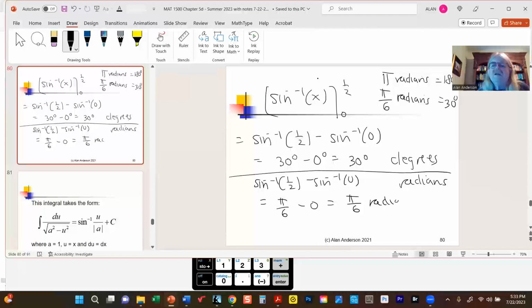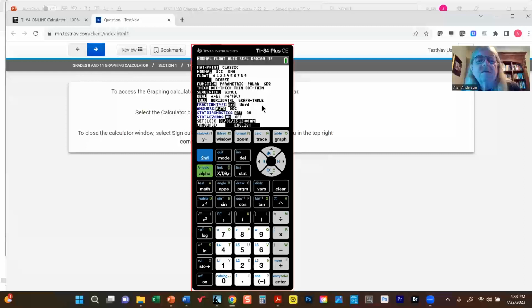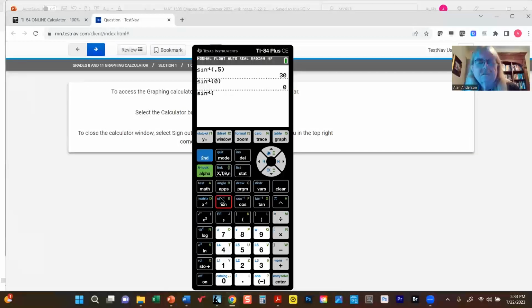But I think if we do it in the calculator, I'm kind of wondering how it's going to handle this. I'm going to go back and ask it for the arc sine of a half when it's in radians mode. See, now that's the thing. Yeah, it's got 0.5233. If I multiply that by 6, it should come back to pi.